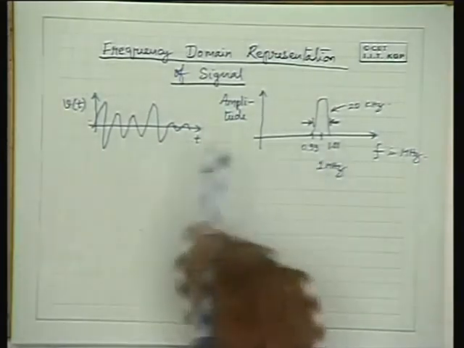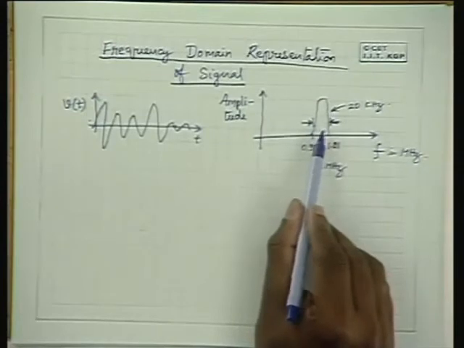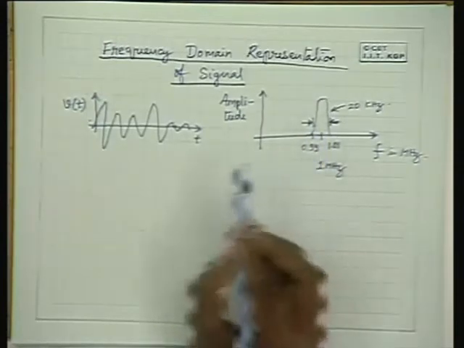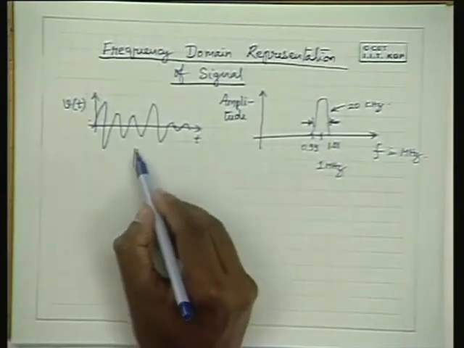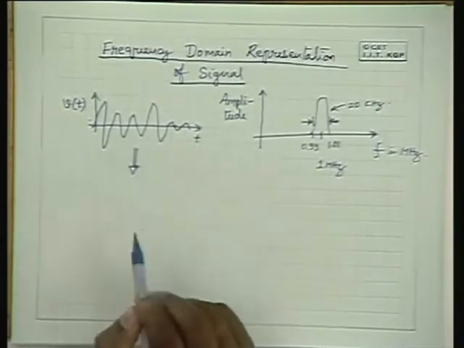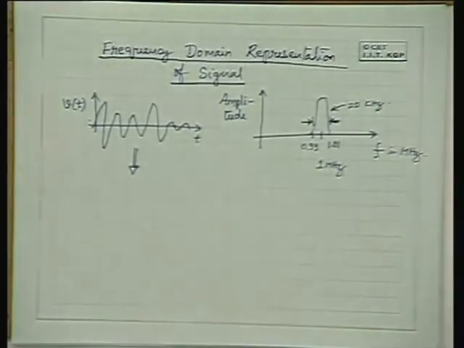Now let us discuss what this frequency domain representation is. If you decompose this signal into its various frequency components, what do you mean by frequency component? Do you have any signal with a single frequency? That means a monochromatic signal. A sinusoid can be treated as a monochromatic signal.